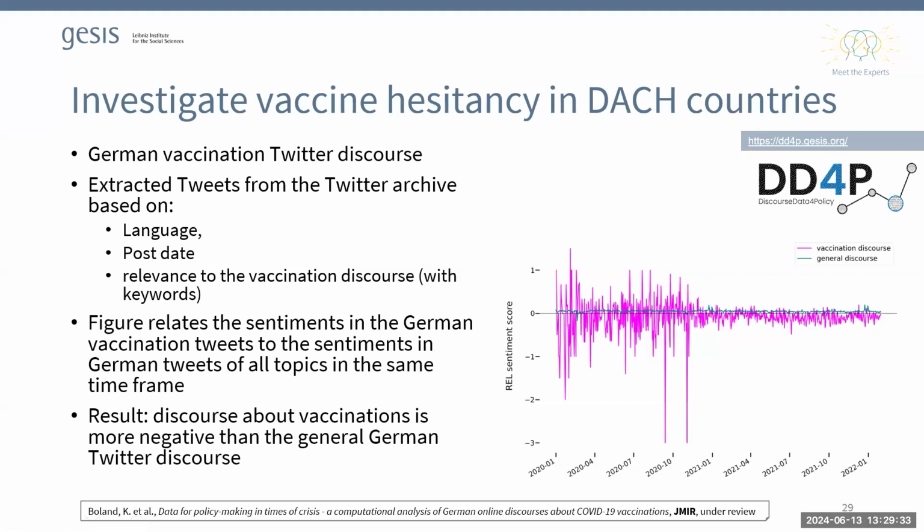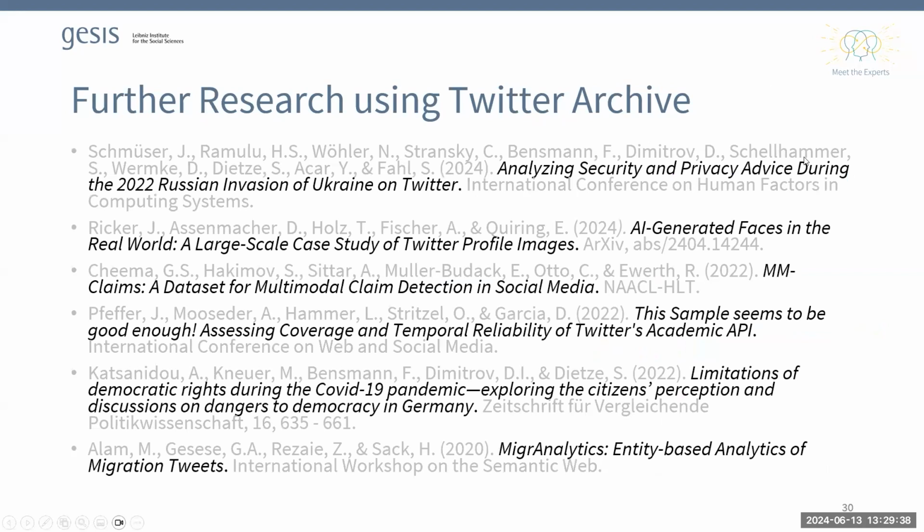These are some examples, and I could show you a lot more, but given our time constraints, I just show you the titles of the papers that other people published or tried to publish. They look into analyzing security and privacy advice during the Russian invasion of Ukraine, AI-generated faces in Twitter user profiles, and multimodal claims.